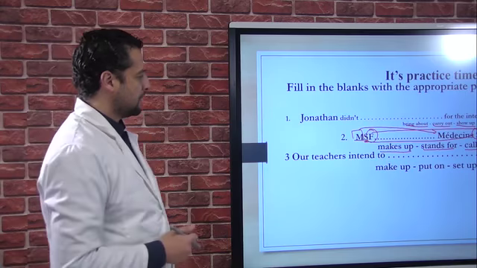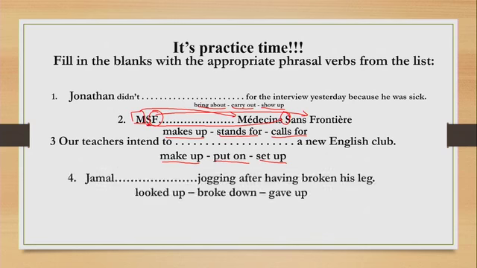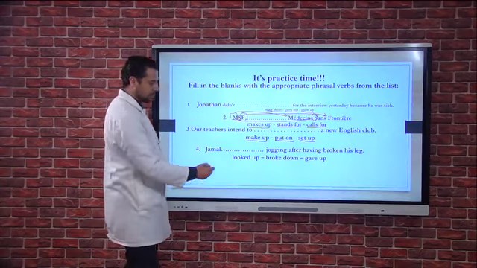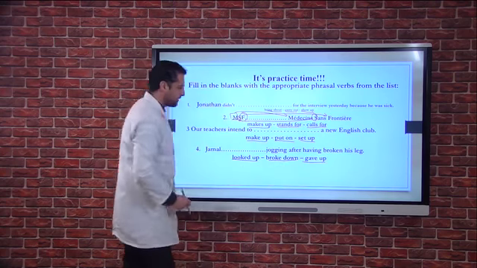The third one, number 3: our teachers intend to blank a new English club. We have make up, put on, or set up. Number 4: Jamal blank jogging after having broken his leg. Of course, the one who has his leg broken can't go jogging, so what we're going to do here is choose between looked up, broke down, or gave up.